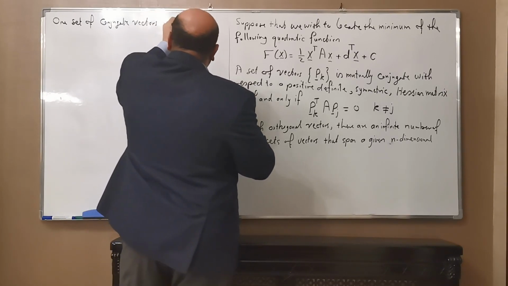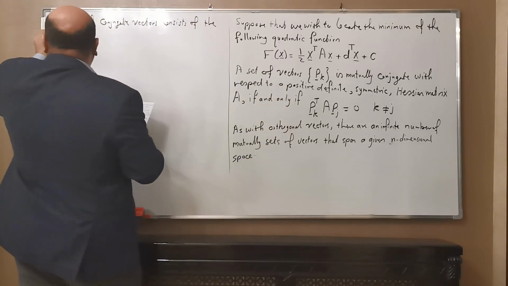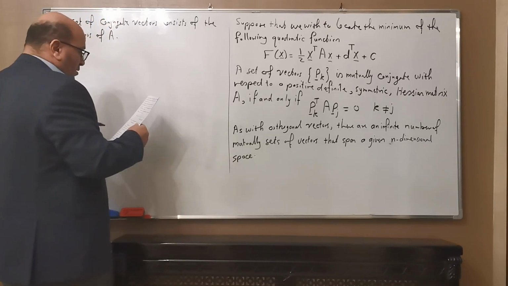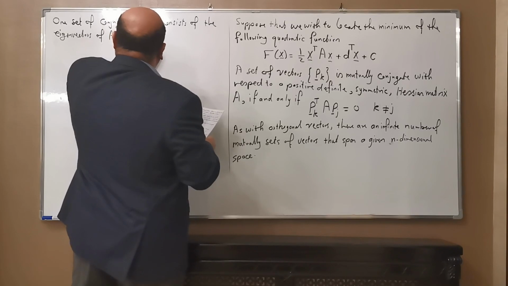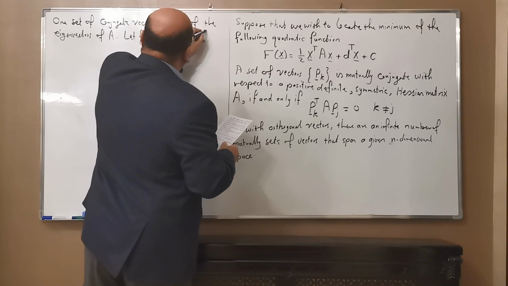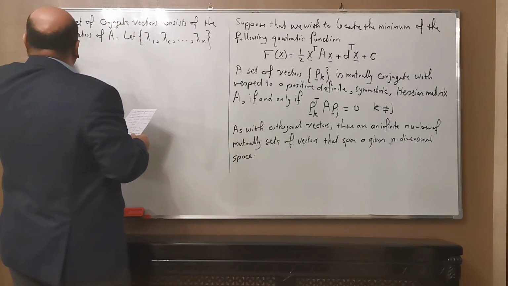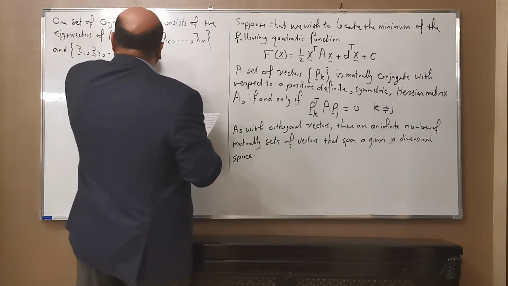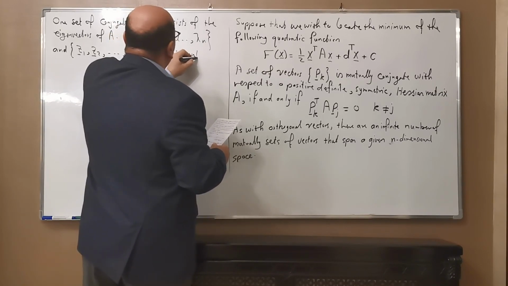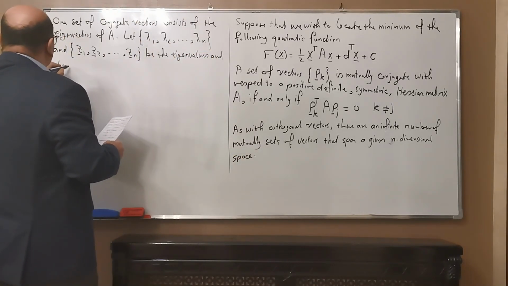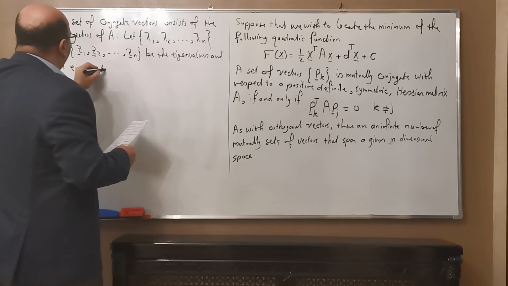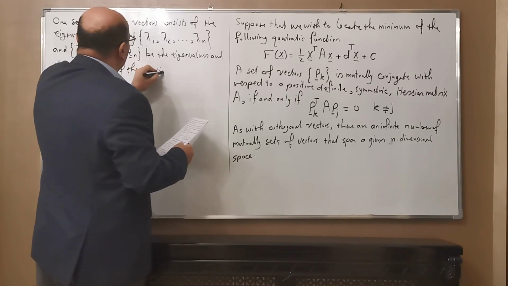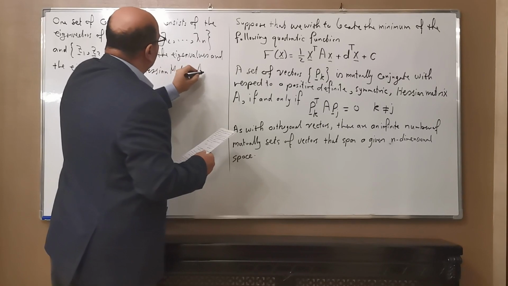If we let lambda 1, lambda 2 up to lambda sub n and z1, z2 up to z sub n be the eigenvalues and the eigenvectors of the Hessian matrix A respectively.